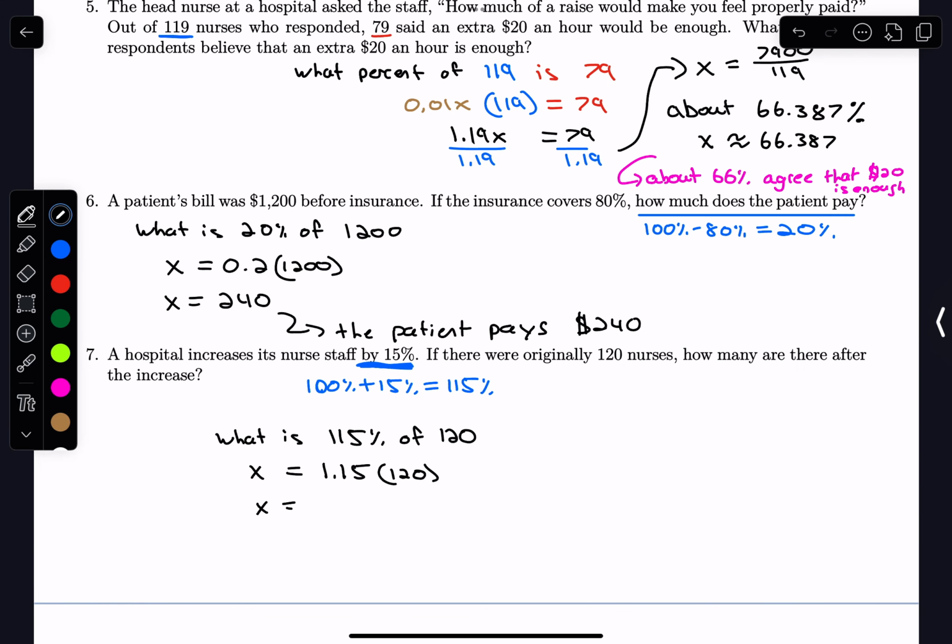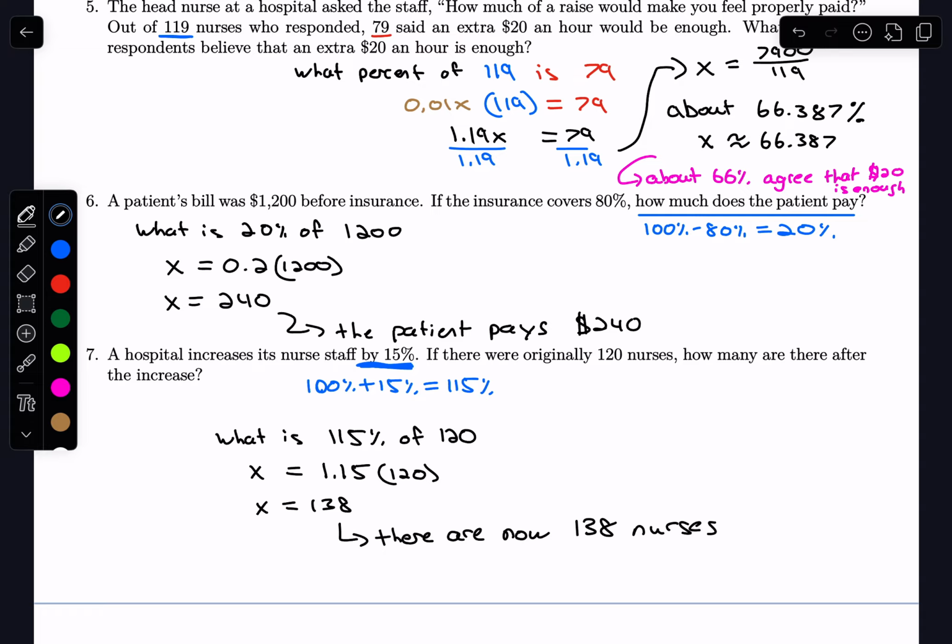So we would say that x equals 138, and then we can write in words what this actually represents. There are now 138 nurses. So the question specifically said, how many are there after the increase? So that's why it's the total new number of nurses, 138.